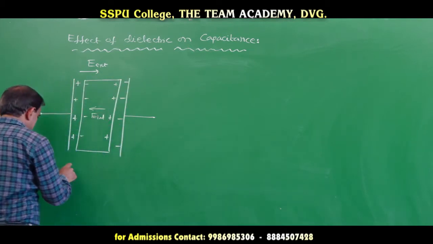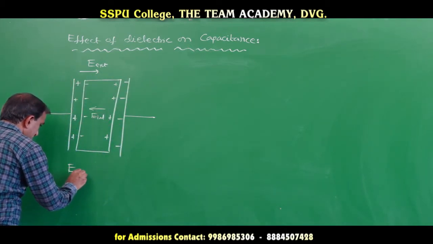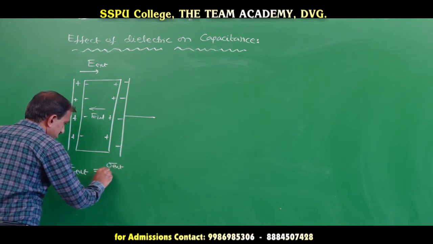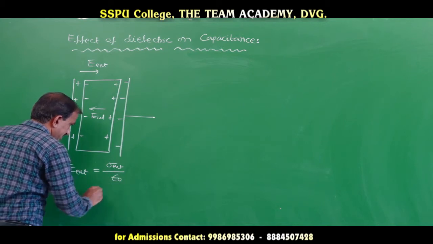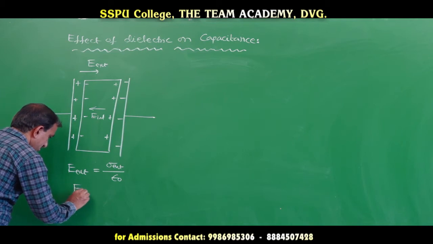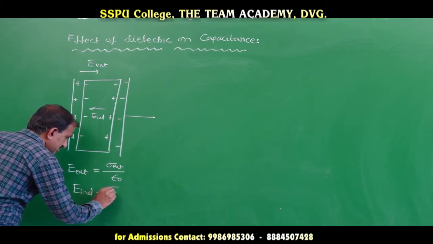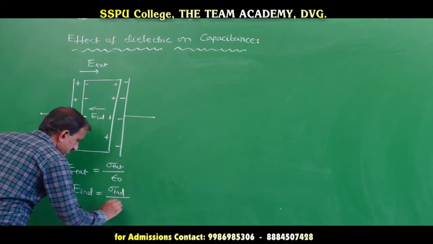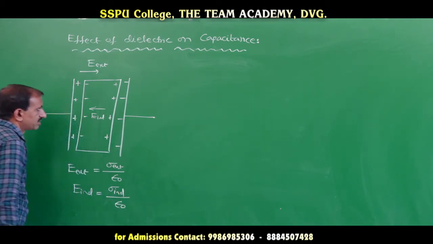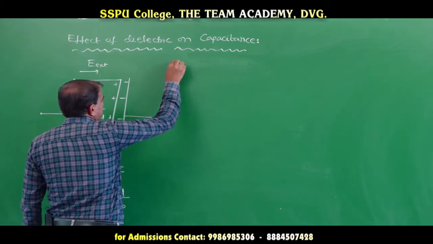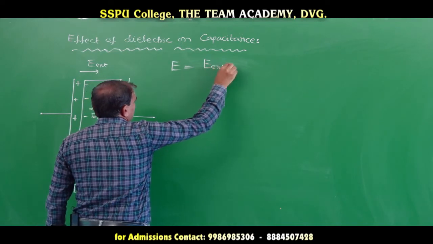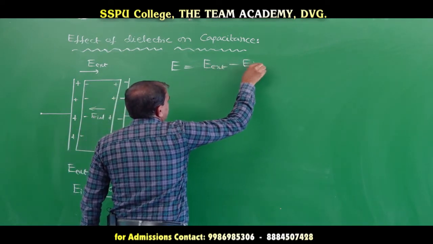So therefore, the external electric field E external is equal to sigma external, the surface charge density, by epsilon naught. Similarly, E induced is equal to sigma induced, the surface charge density due to induced charges, by epsilon naught. And the net electric field E is equal to E external minus E induced.